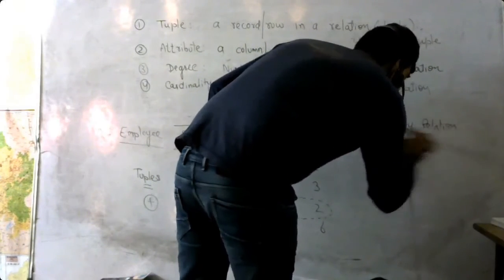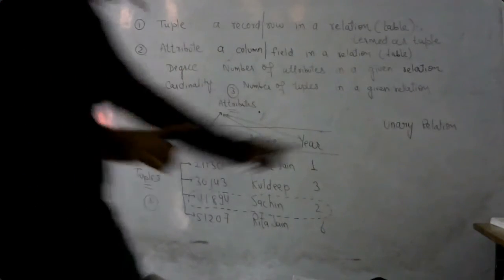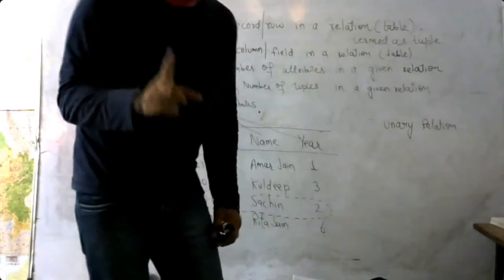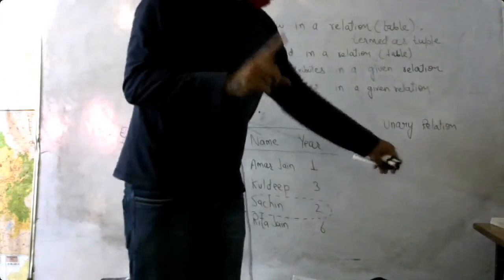To whom do we call a unary relation? A relation, a table in which there is only one attribute.